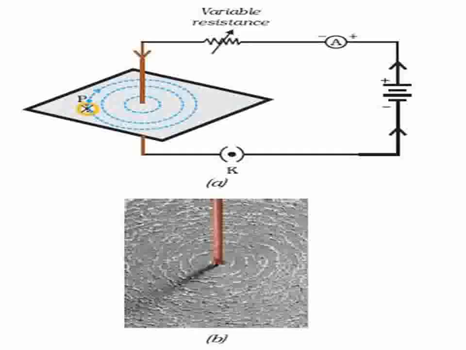On decreasing resistance, the current increases. Therefore, various concentric circles are drawn with the help of the compass needle, on changing the value of current, which is done with the help of a rheostat, that is, a variable resistance.